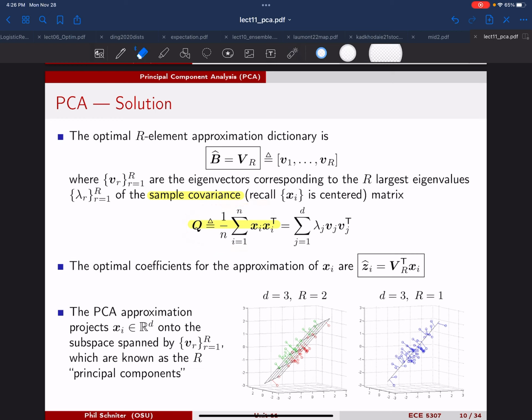What's new here is if we take an eigenvalue decomposition of this matrix, Q, we can write it in terms of its eigenvectors, which are these VJs, and its eigenvalues, lambda j.